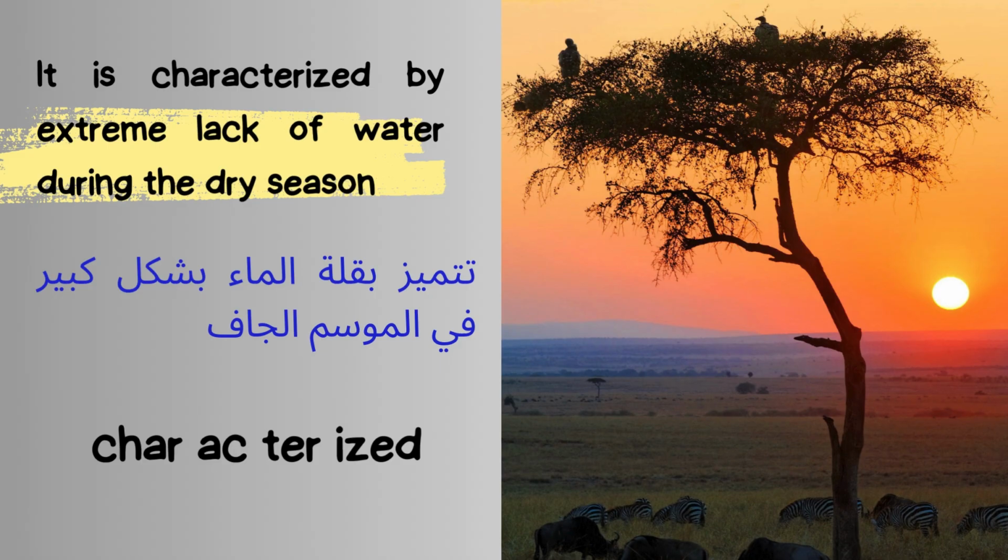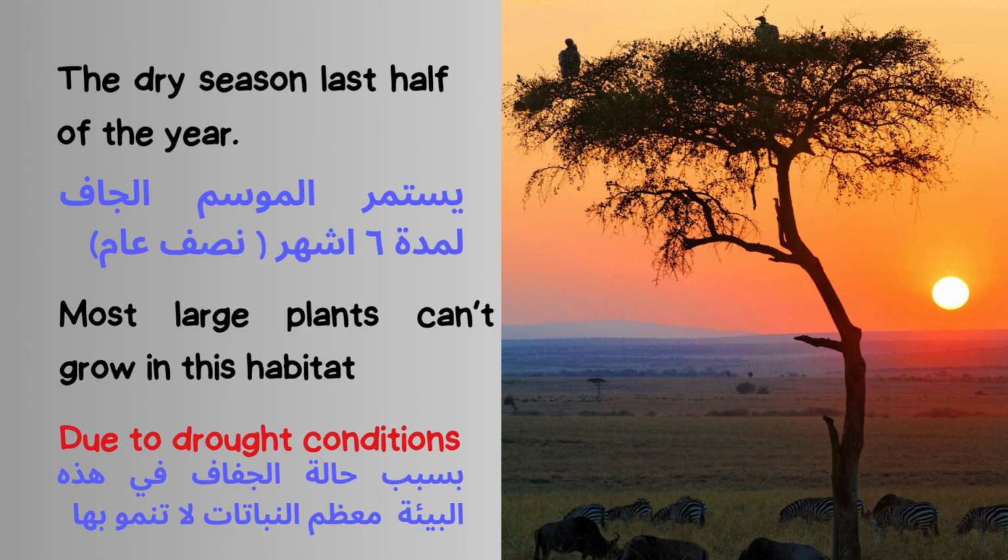And you know that the southern African savanna is characterized by extreme lack of water during the dry season, as there is a very small amount of water in the dry season that may last up to 6 months. 6 months of the year, there is no water or lack of water.